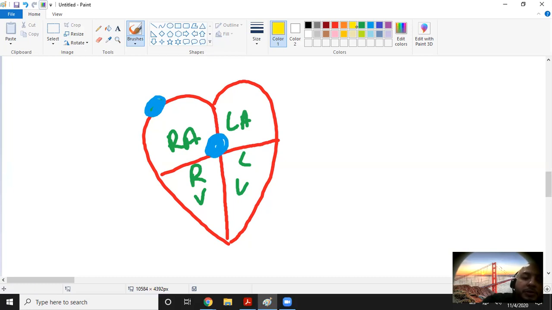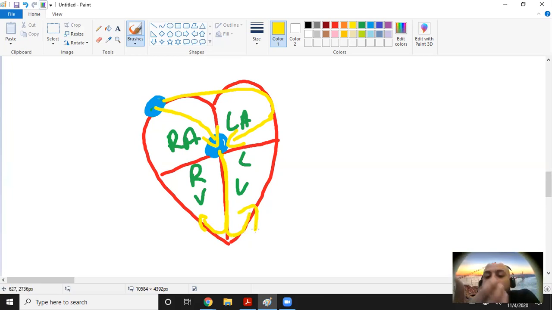The electrical impulse goes from the SA node to the AV node. It goes around via the bundle of Kent, and it comes back and it meets, right? Bundle of Kent towards the left atrium. And then from there, it goes and it gets sent through the bundle of His down to the Purkinje fibers and around, right? Around the ventricle. This is normal.